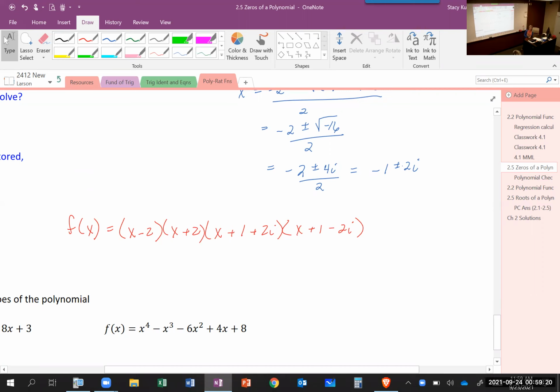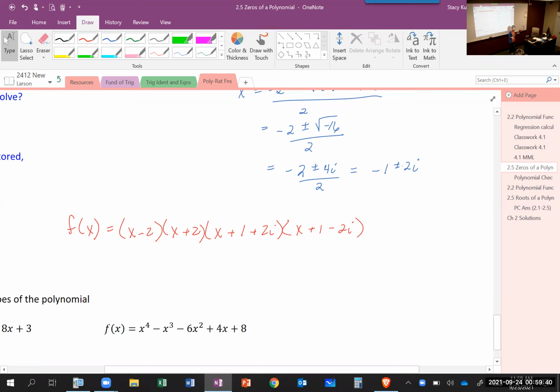Now we've only worked, and you're fixing to work 4 problems on your own as practice. We've only worked roots that are integer values. But I could have solved using the quadratic formula and found roots that were irrational or square roots. Those are still real roots.